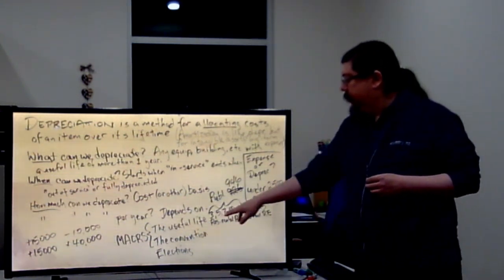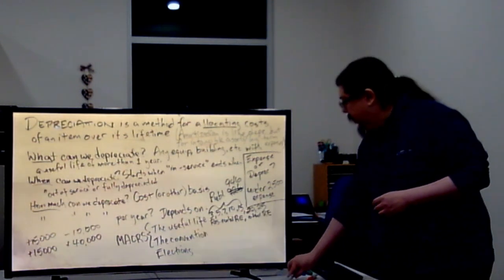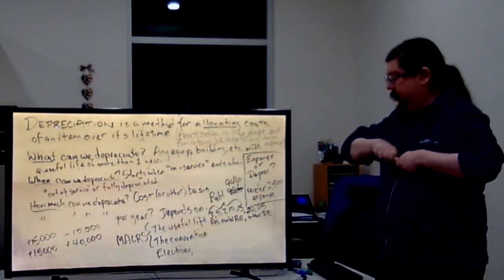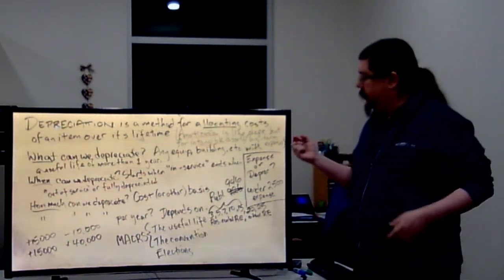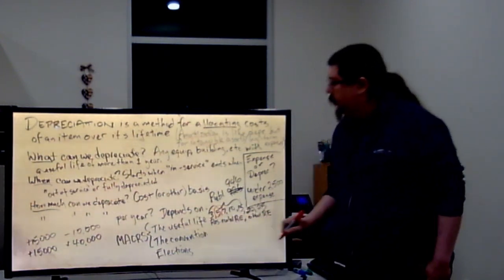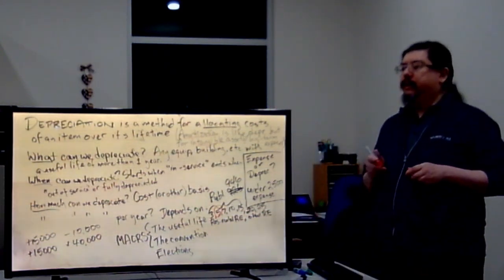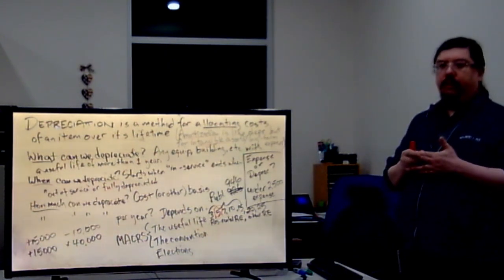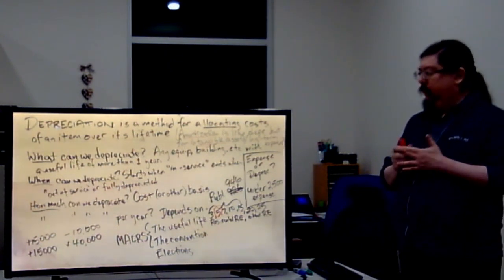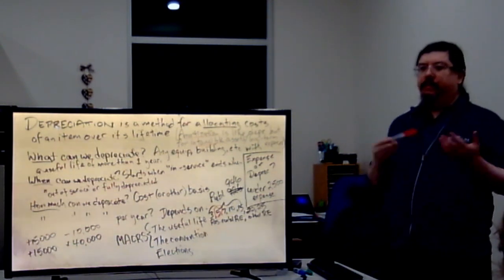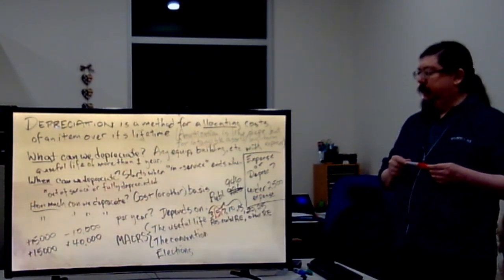Okay, so these are our useful life categories, and the 2 main ones are going to be 5-year, which is called data management equipment, a fancy term for computers. Computers and peripherals, anything that's basically in that category.